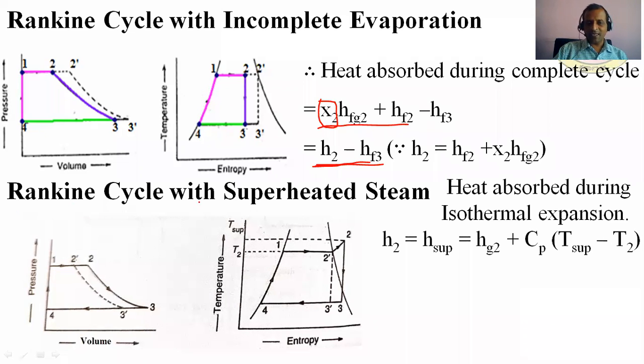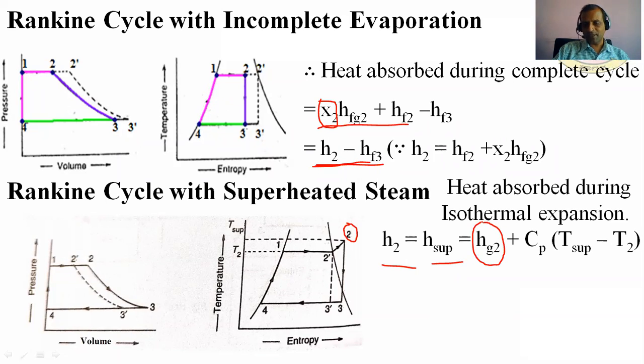When the Rankine cycle is with superheated steam, when it becomes superheated, here it was wet steam, now if it goes beyond this and comes up to the point 2, then H2 becomes H2 superheated. Then what do you write? hg2 means it is dry saturated steam.